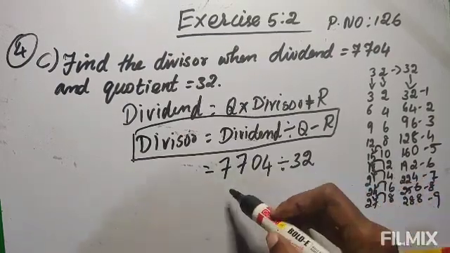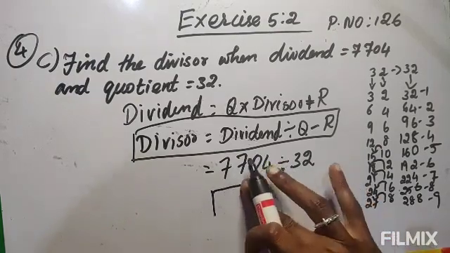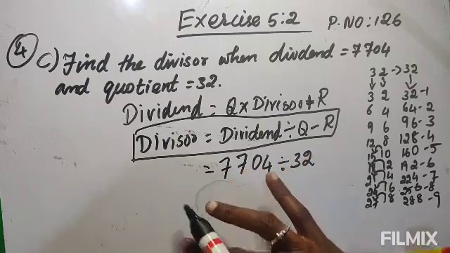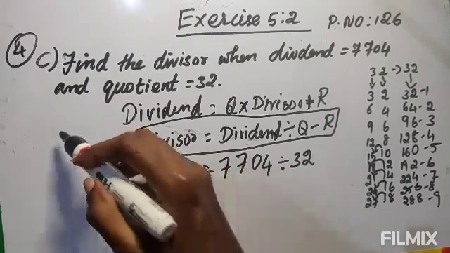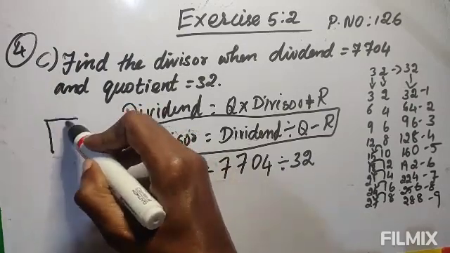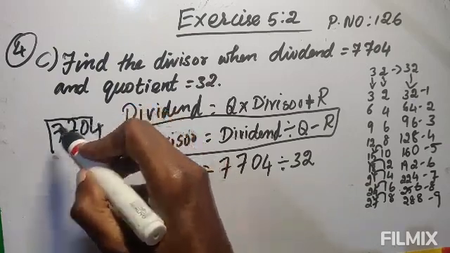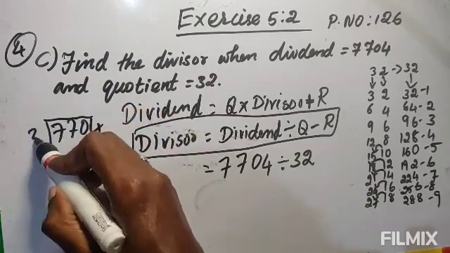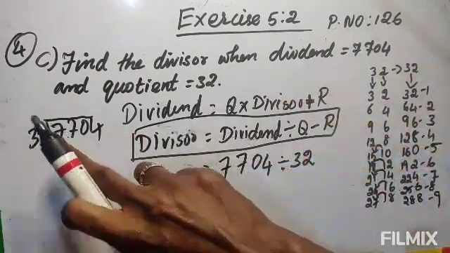So now let's divide. Here may not be the space, so I am dividing here, but you divide it here. 7704. So this we have to divide by 32. First 7 is smaller, there is no 7 here, so we will take 77.